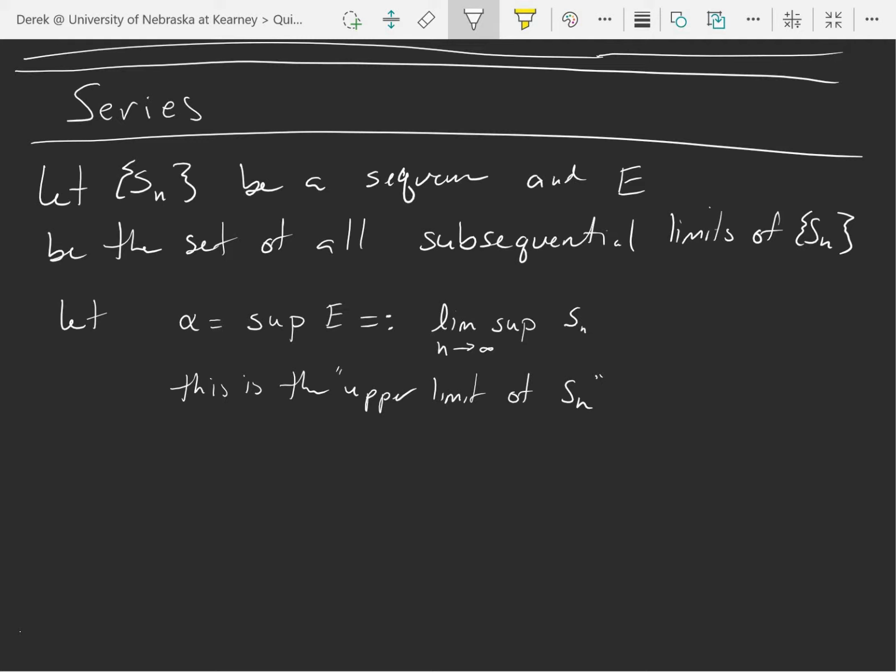Okay, and this always exists. Even if S sub n doesn't converge, I can always find the lim sup of S sub n, the upper limit. And likewise, let's have beta equal the infimum of E, and that's going to be defined to be the lim inf of S sub n, or the lower limit of S sub n.